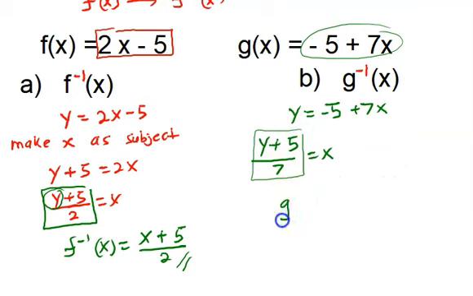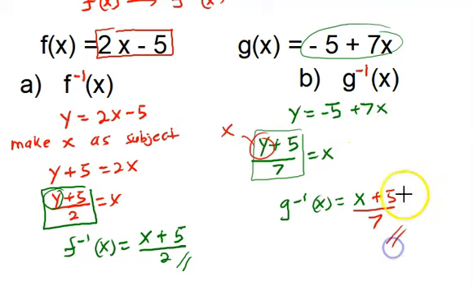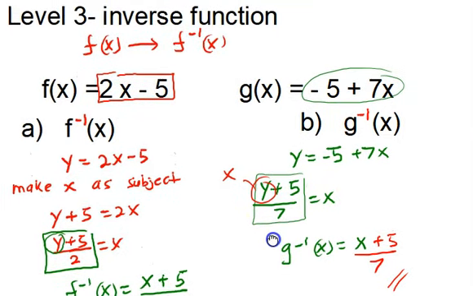Now we copy this and change the y into x. So x plus 5 over 7. So this is your inverse function for g x. Okay, this is level number 3.